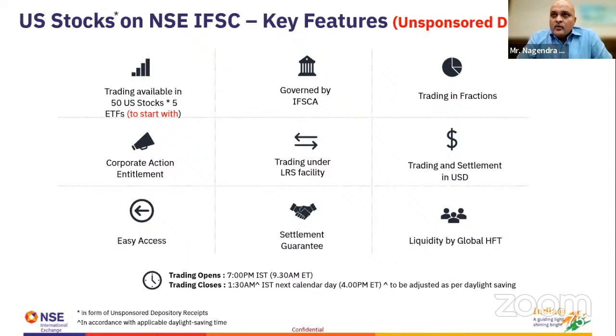So here, what are we doing to enable the fractional part? Amazon is close to $3,500. It's a classic example which we always talk about. How many Indian retail investors would want to invest in a single stock of Amazon, right? You will not have many, because $3,500 is a huge amount.